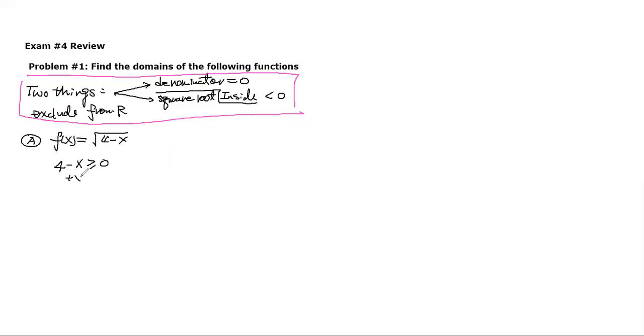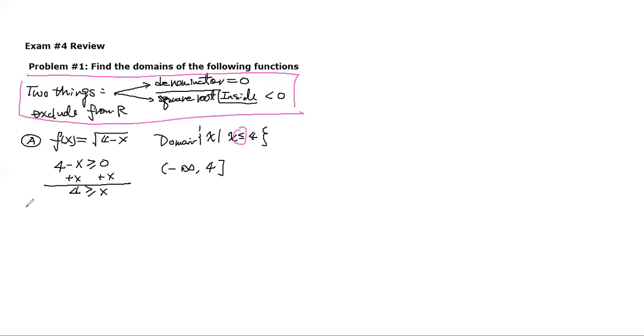So add x to both sides, and you will have 4 greater than or equal to x. That means the domain is all values of x less than or equal to 4. Or you can write it from negative infinity to 4, with a bracket at 4, because I have an equal sign here, all right?